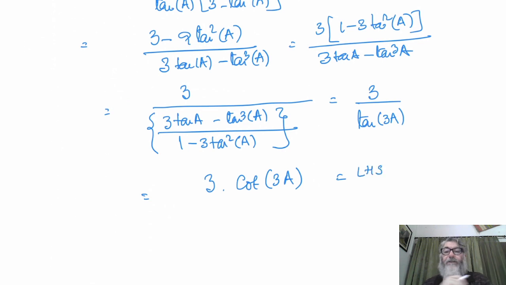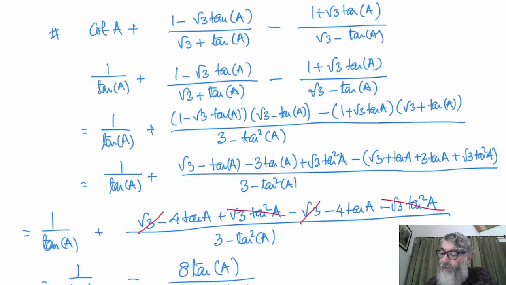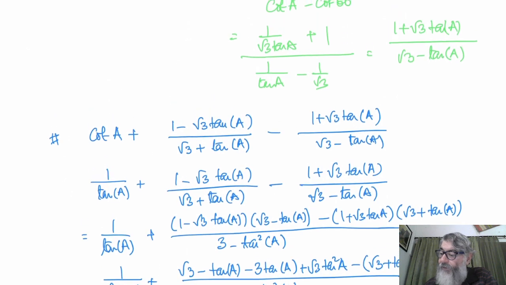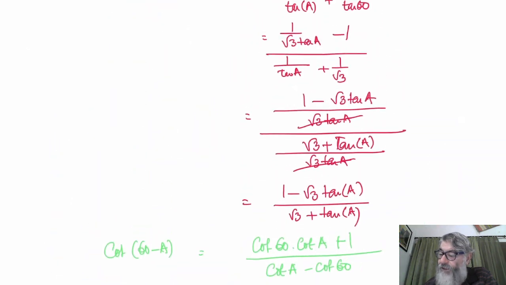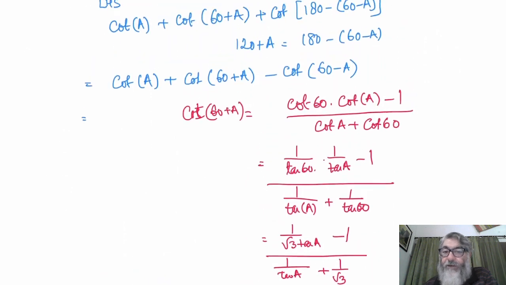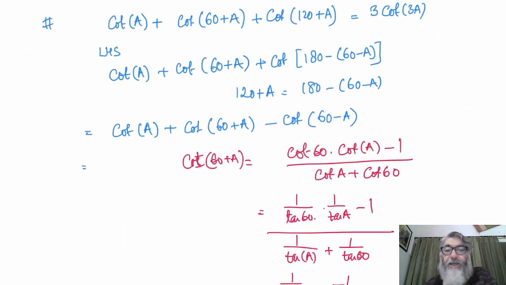From the right hand side we started and we reached the left hand side. Because the right hand side was more complicated, we started from it, and I have written cot(60+A) and cot(60-A) in different colors, one in red, one in green, to make it very clear to you.